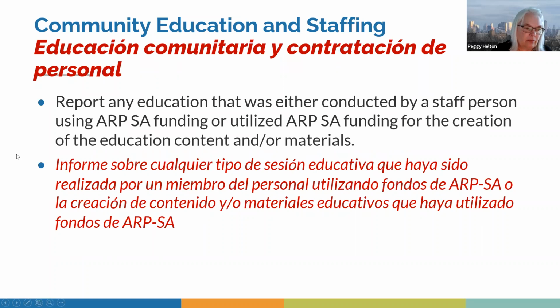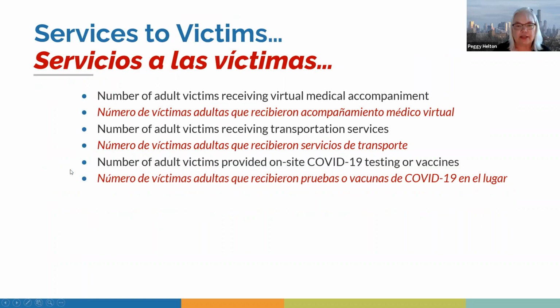So, wait, I want to go back one and just say something before we move on to education. All of these services that we've been talking about, when I told you that you report the number of victims, an unduplicated count of number of victims who were provided this service, you'll also need to report the number of instances of each service.